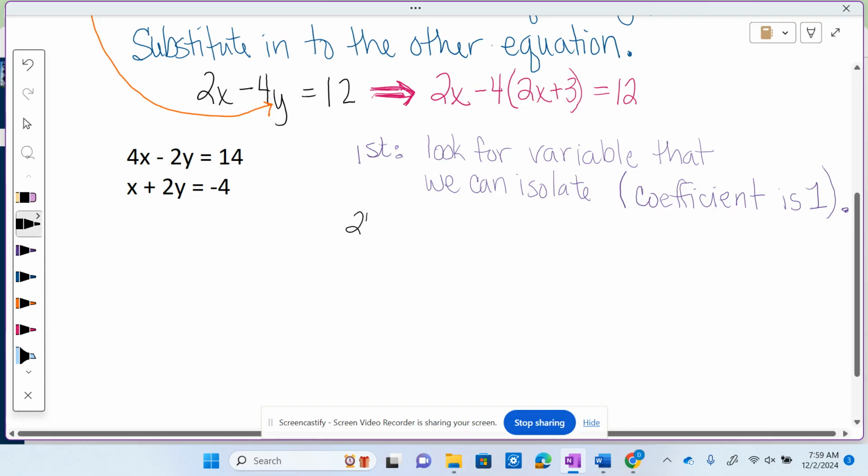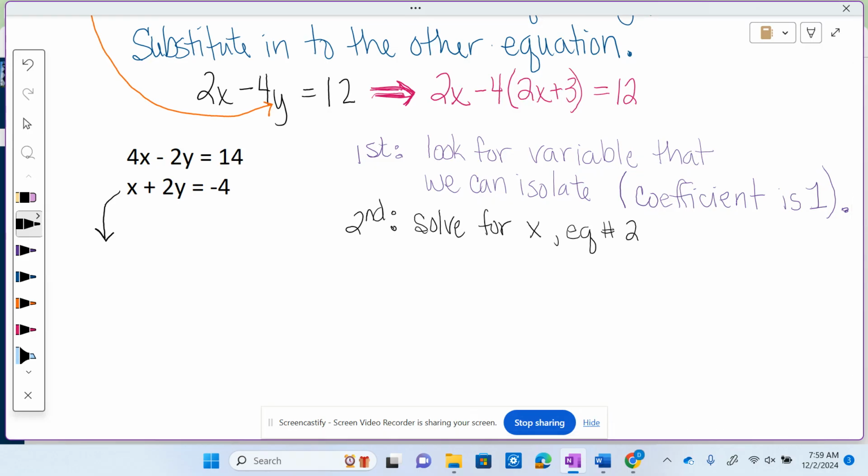So we are going to solve for x using equation number 2. So how am I going to make this look like x equals? What am I going to do? How am I going to make that x plus 2y equals negative 4 just say x equals?